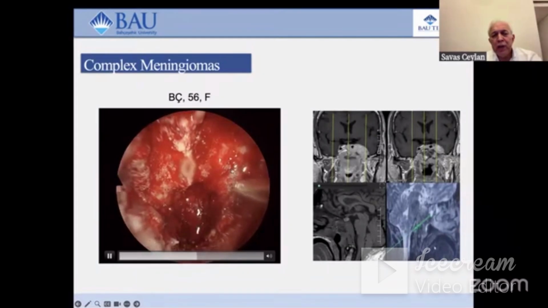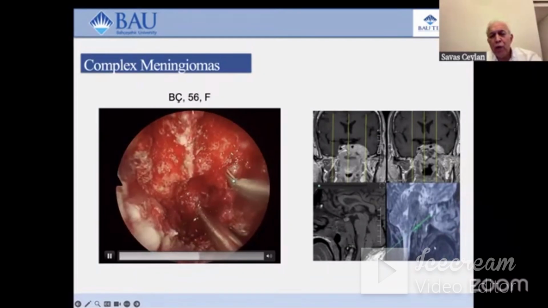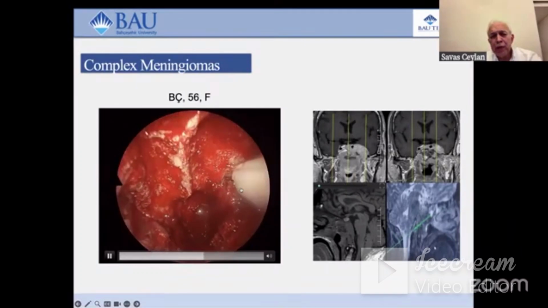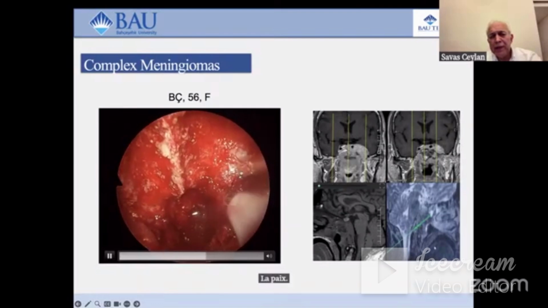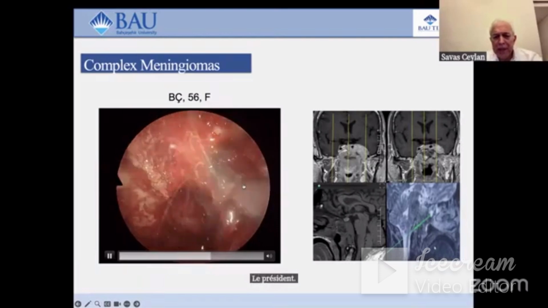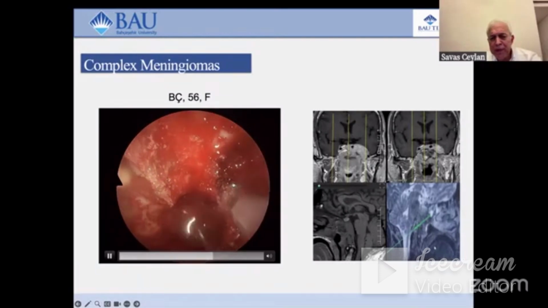You see the cavernous sinus anterior wall was opened, and we continued with Doppler, and we entered the lateral compartment. A very firm tumor was resected with the ultrasonic aspirator.